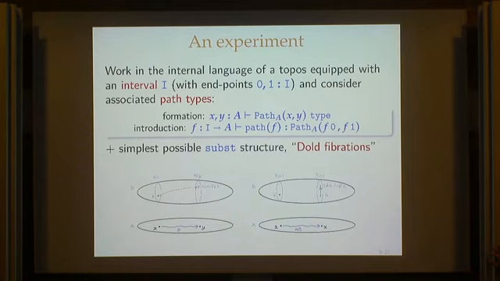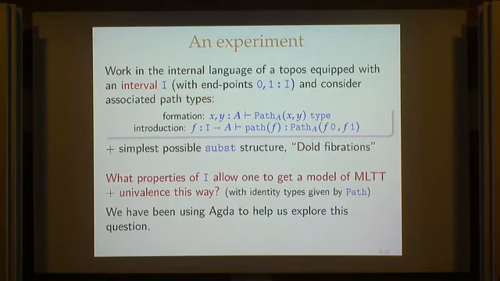This is a lot simpler than the kind of vibrations you see in the existing models, where you have more complicated extension properties. This is a very simple kind of extension property. Correspondingly, it probably means that we're going to load more onto the properties of the interval in order for this to give us a model of Martin-Löf type theory in which identity types are given by this path construct.